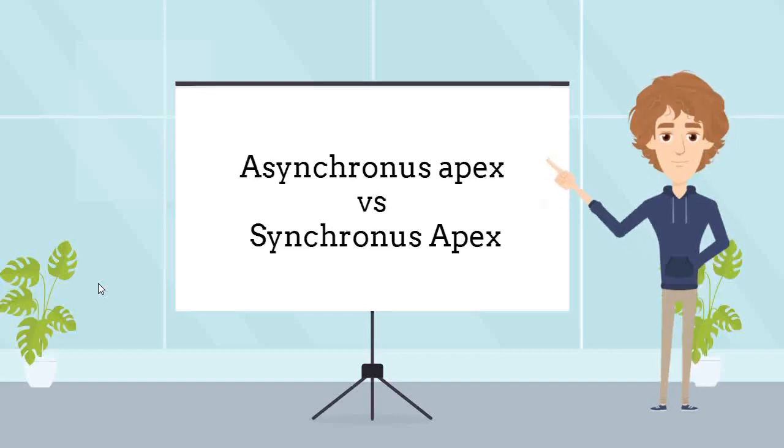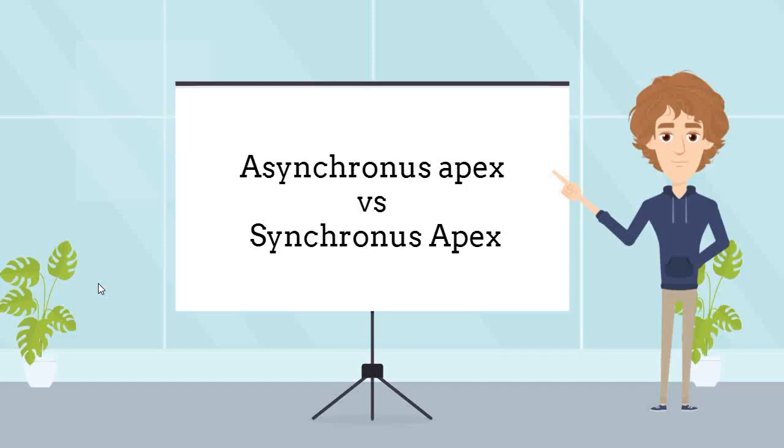The next question is on asynchronous and synchronous. It is also one of the most important questions, and many other questions came out of it further. So, synchronous means the process completes in one go and runs in a single thread, whereas in asynchronous, processes run in multiple threads.